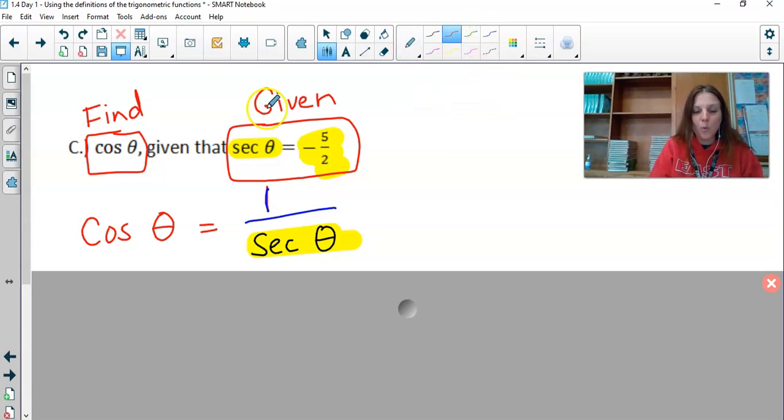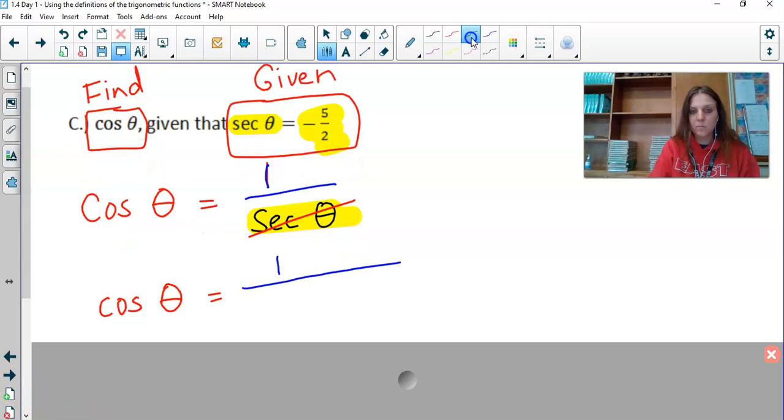Obviously, this is not always going to be the value of secant. This is the value of the secant in this case. So I'll cross this out and replace it with the -5 over 2. I rewrote everything else, and I'm going to put in the -5 over 2 here.